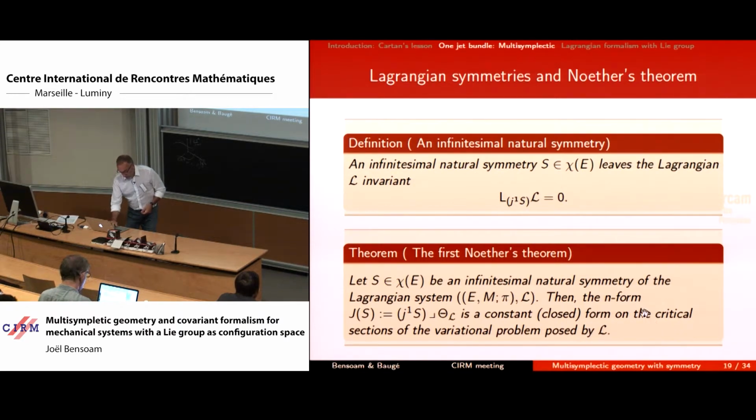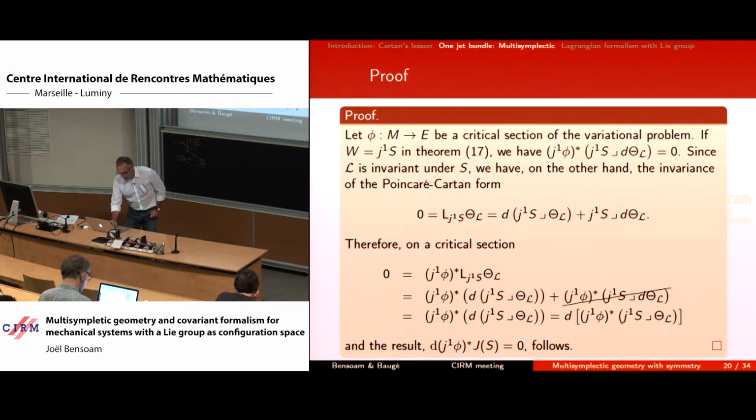So you can compute this moment map just by giving the natural symmetry to the Poincaré-Cartan n+1 form. And it's really easy to show that this is a conserved quantity along the critical sections.